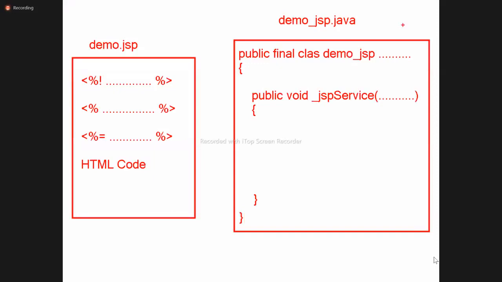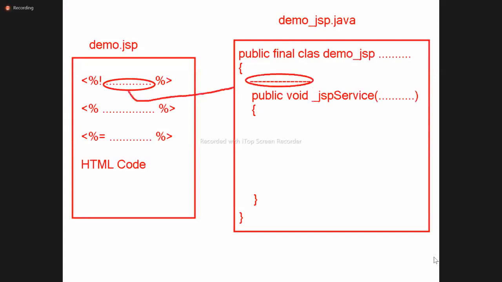Now whatever we write in the declaration, that comes here, outside the service method.